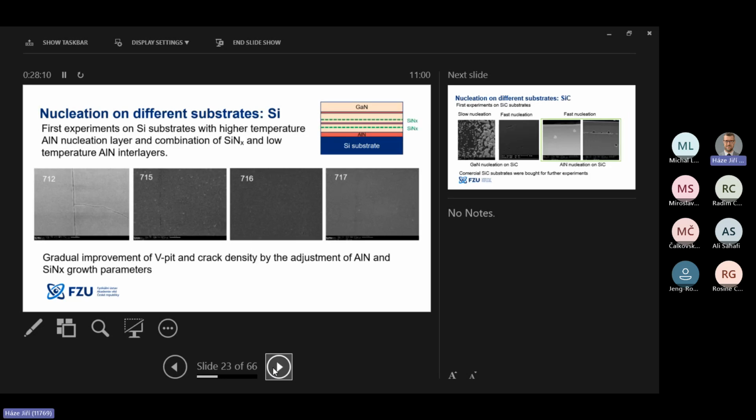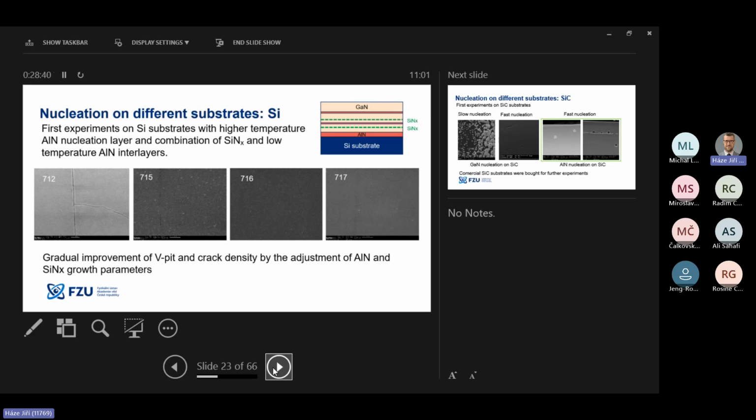Then we developed a different way to grow gallium nitride on silicon, by aluminum nitride nucleation, and then we grow gallium nitride on it with silicon nitride layers decreasing the concentration of dislocations. An aluminum nitride layer manipulates the bowing.